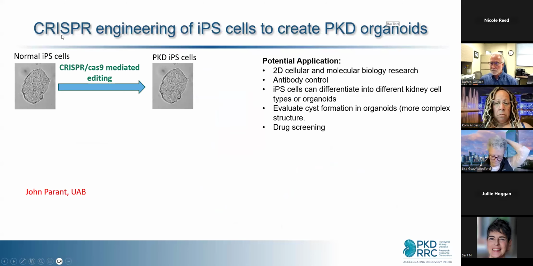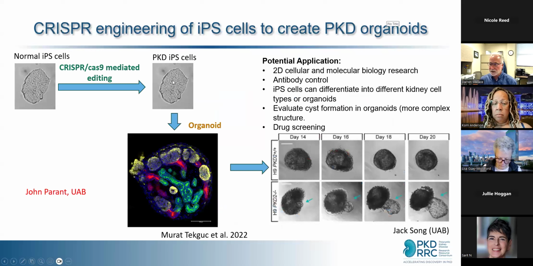And so John Perrant at UAB is leading the process of taking normal iPS cells and using CRISPR gene editing to knock out PKD1 and PKD2 and other genes, with the idea that these cells will be used for forming these organoids.